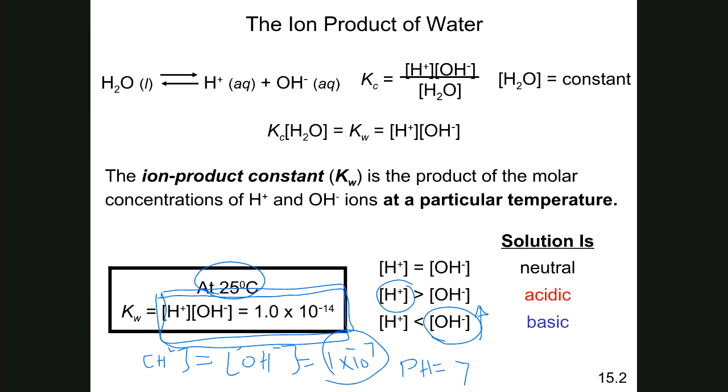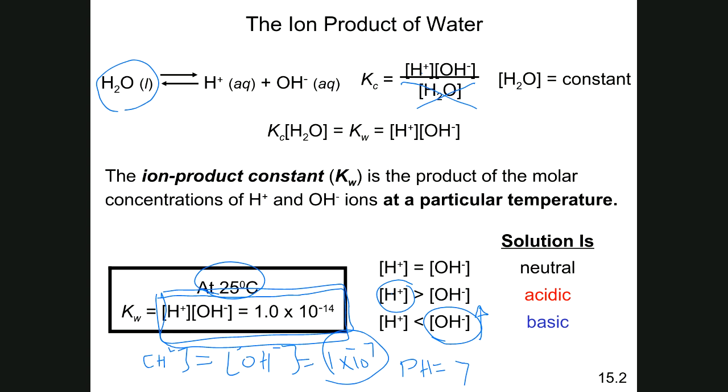This also helps you better understand the previous chapter, when we were talking about equilibrium. When you are writing the equilibrium expression, pure liquid and solid are not allowed, so we should not write the H2O. So Kc is going to be the concentration of H plus times the concentration of hydroxide ion.